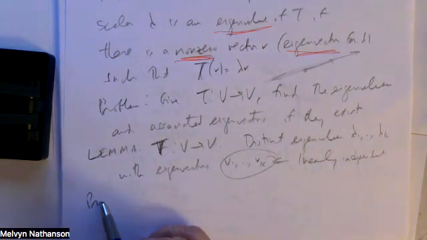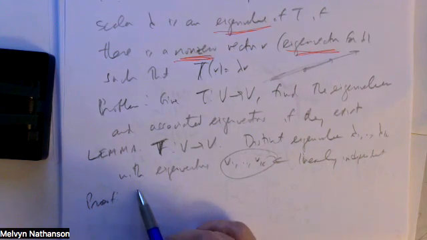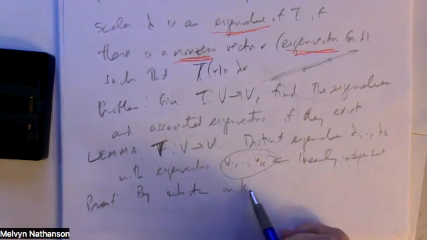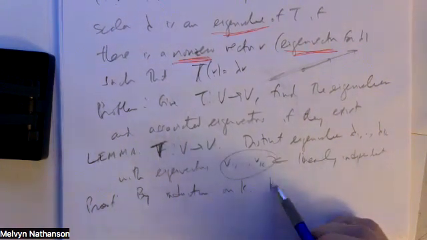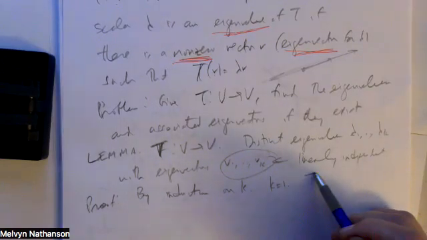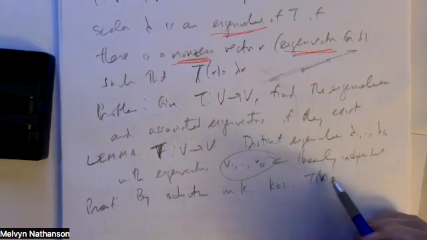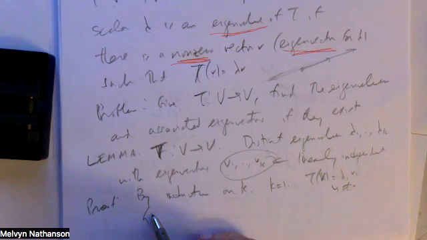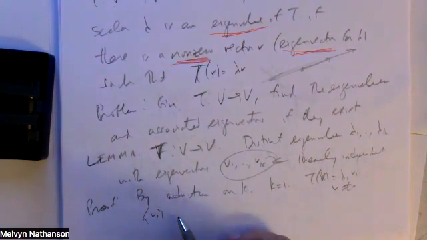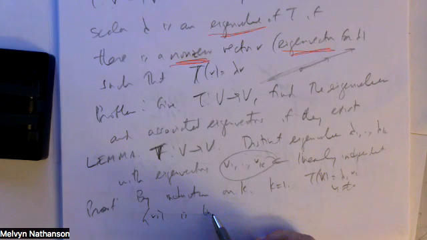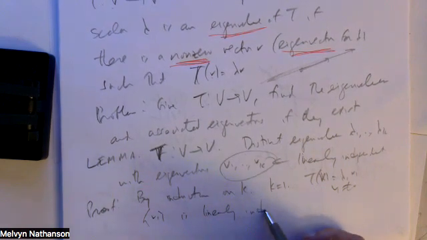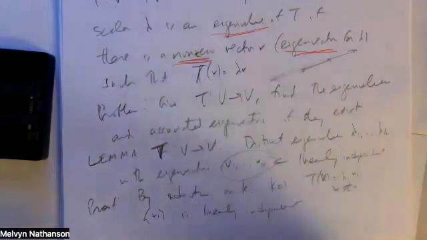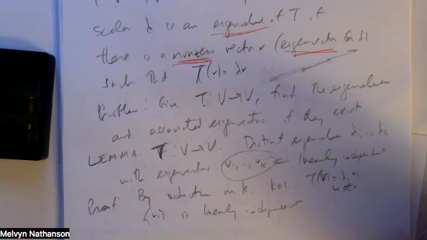So the proof is by induction on k. Of course, if k equals 1, you just have T of v1 equals lambda 1 v1, but v1 is not 0. And any set consisting of a single non-zero vector is linearly independent. The only scalar multiple of a non-zero vector that's zero is when you multiply the vector by the scalar zero.